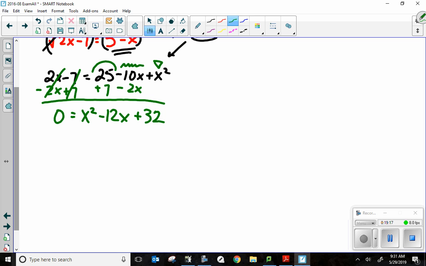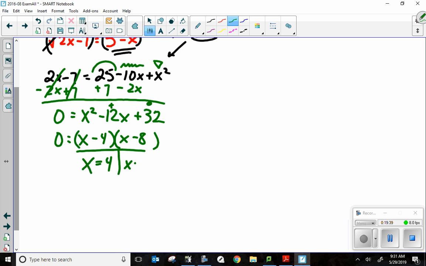Beautiful. 0 equals x squared minus 12x plus 32. Let me factor that first. Two numbers that multiply to positive 32 that add to negative 12. Negative 4, negative 8. That works out perfect. Now I set each factor to zero. x equals 4 and x equals 8.